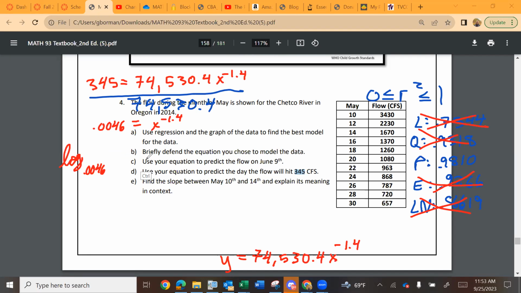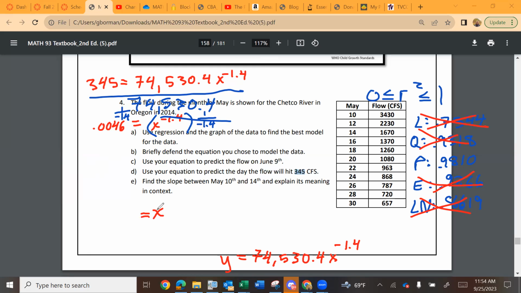That's for exponential, not power. I need to instead raise that to the 1 over negative 1.4 power, and raise this guy here to the 1 over negative 1.4 power. Okay, so the powers there will cancel, and we'll be left with x equals.